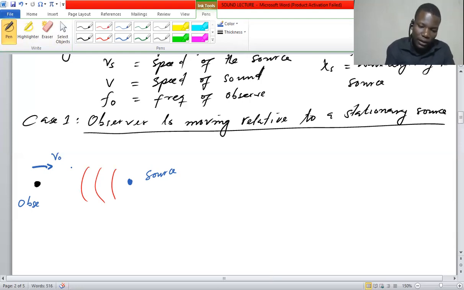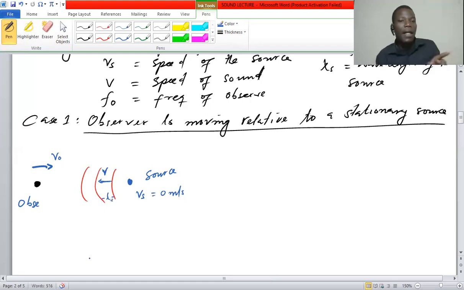Okay, so now this source is stationary. So the velocity is actually 0, like that. And then sound is moving to reach you here as you are coming. So there's that v, the speed of sound. And also these are wave fronts.